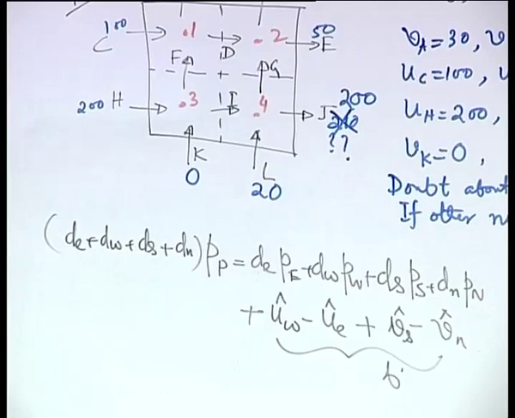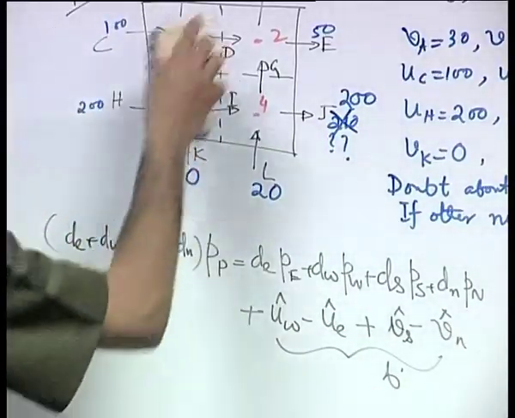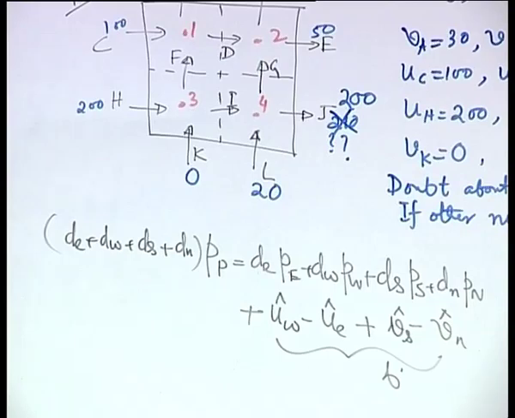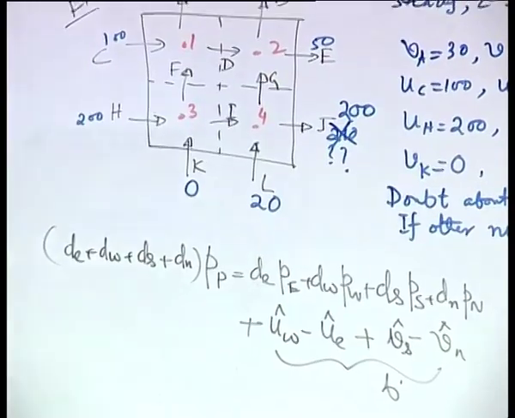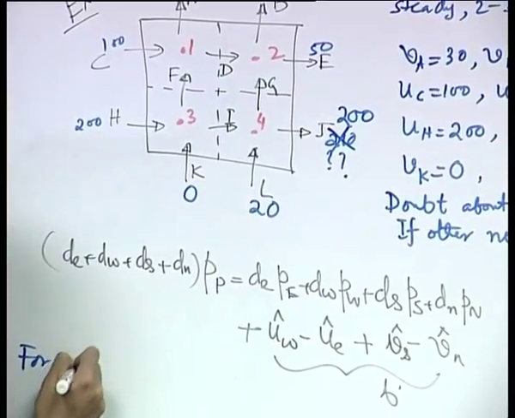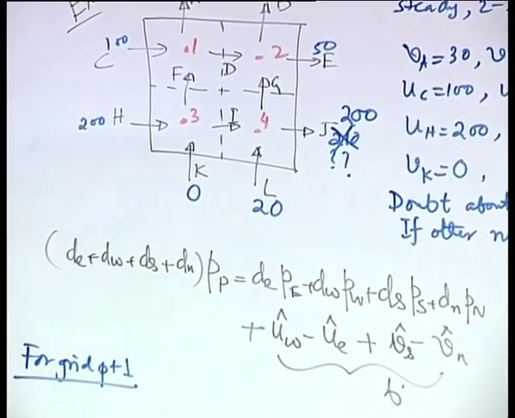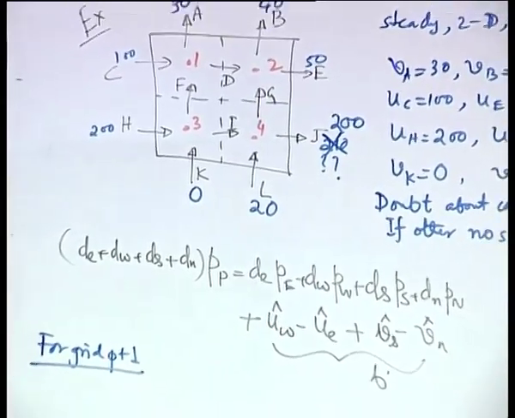Now, let us apply this to the grid points 1, 2, 3 and 4. There are 4 control volumes here, you can see there are 4 compartments. So, for grid point 1, what is DE?